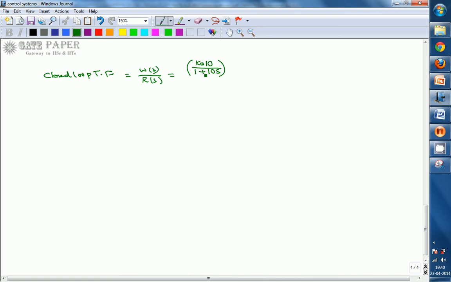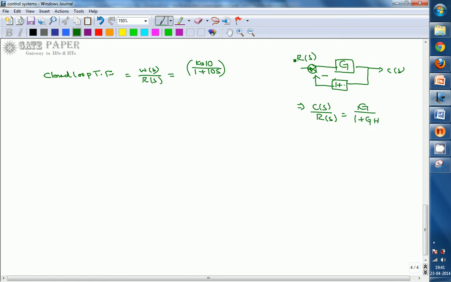We have the expression for the closed loop transfer function G with negative feedback of H. This is the output C of S and this is R of S. Then C of S divided by R of S equals G by 1 plus GH.